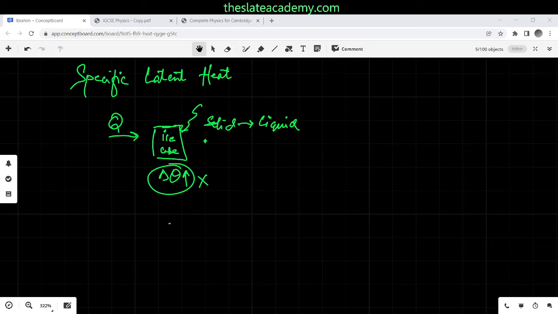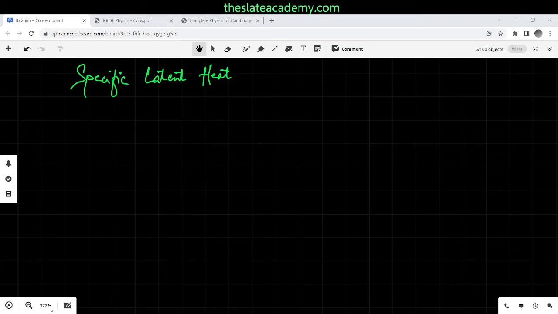So in order to write the definition of specific latent heat, we study two types of specific latent heat. The first one that we study is specific latent heat of fusion.